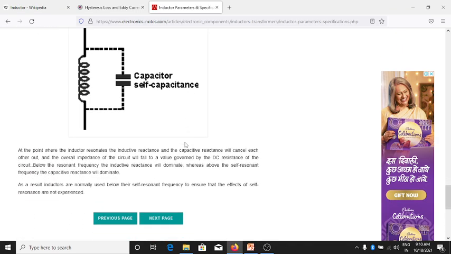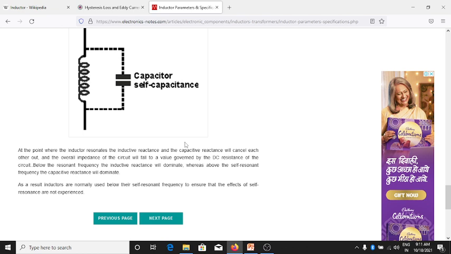At the point where the inductor resonates, the inductive reactance and the capacitive reactance cancel each other out and the overall impedance of the circuit will fall to a value governed by the DC resistance of the circuit. Below the resonant frequency, the inductive reactance will dominate, whereas above the self-resonant frequency, the capacitive reactance will dominate.